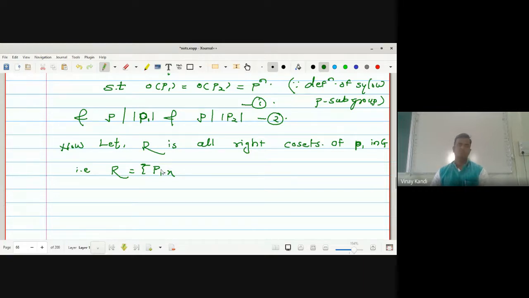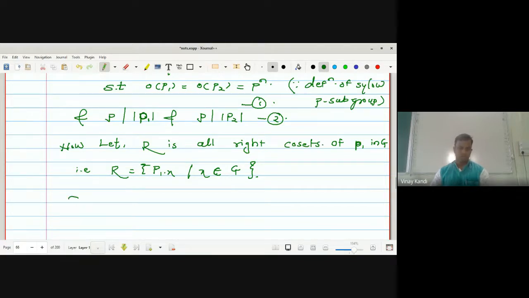The coset is of the form Hx, where x belongs to G. So here x belongs to G. Any doubt? R is all the right cosets of P1 in G.